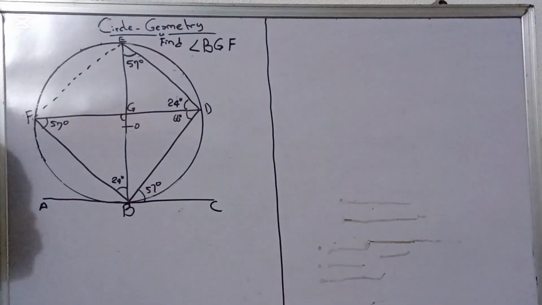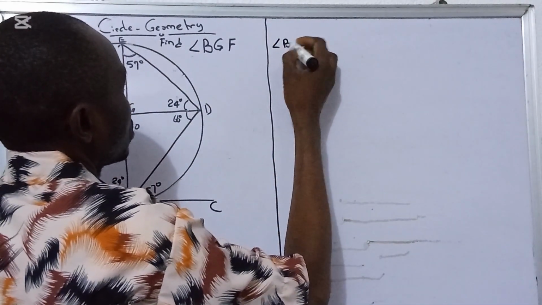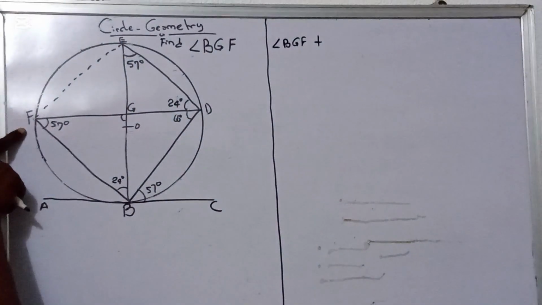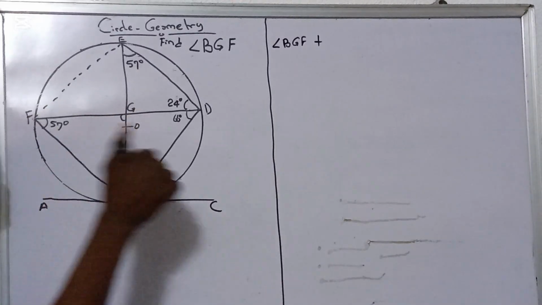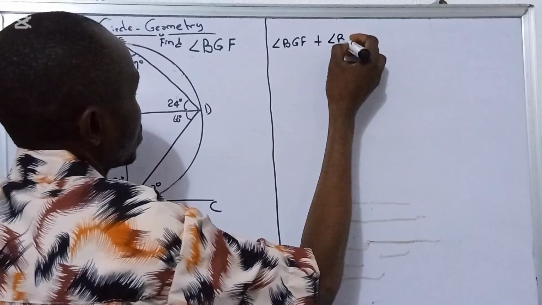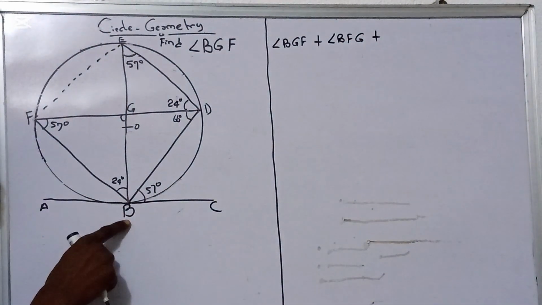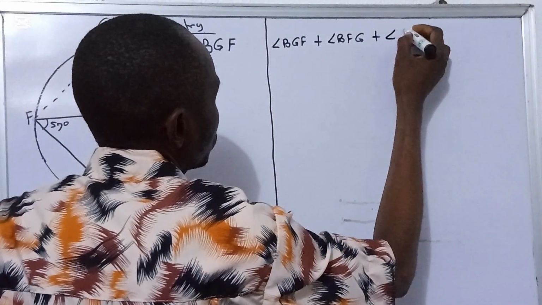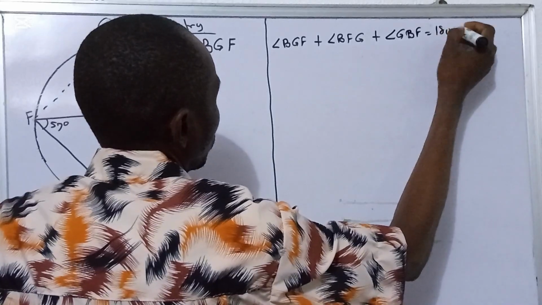So in that regard, you put it this way: angle BGF plus angle BFG, taking angle F between the boundary angles of B and G, plus angle GBF, taking angle B between the boundary angles of G and F, equals 180 degrees.